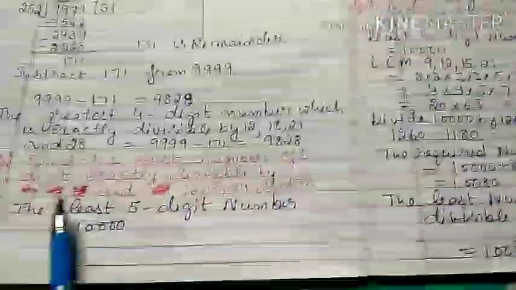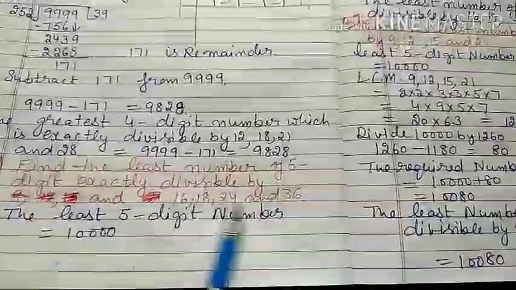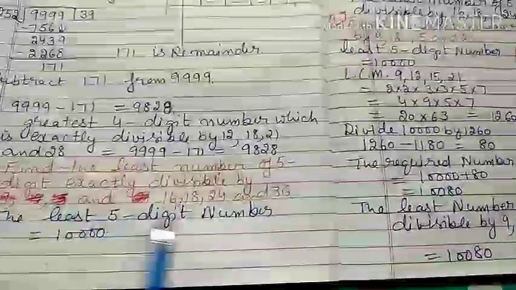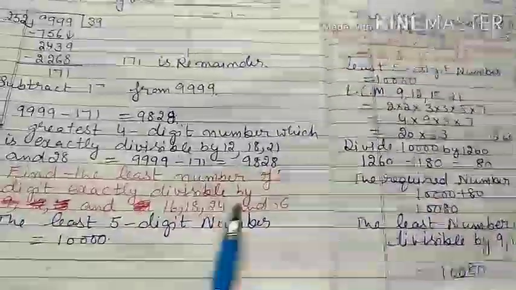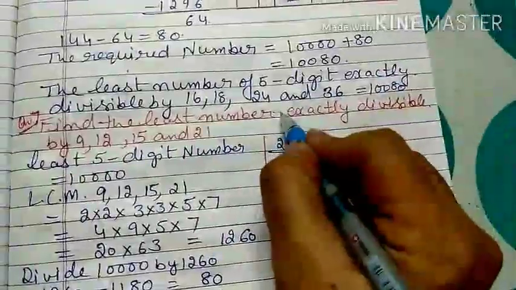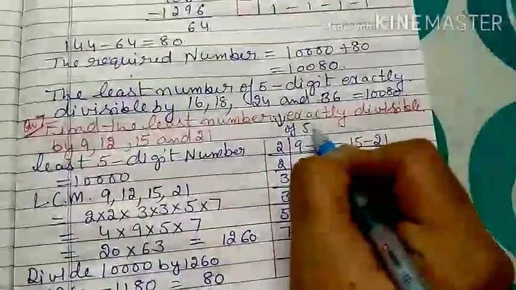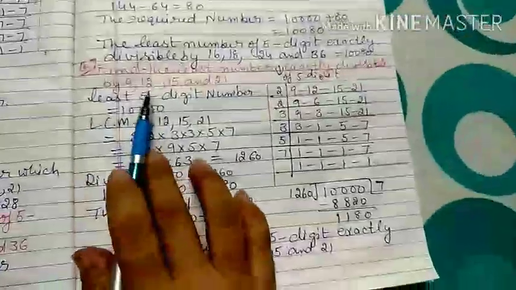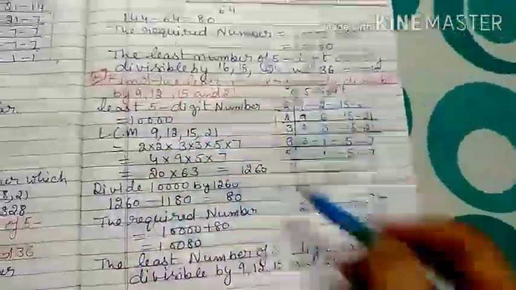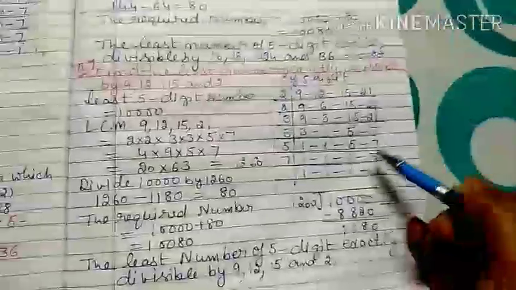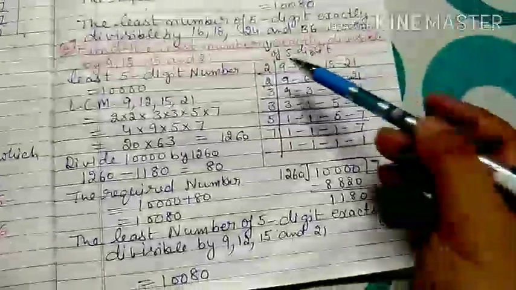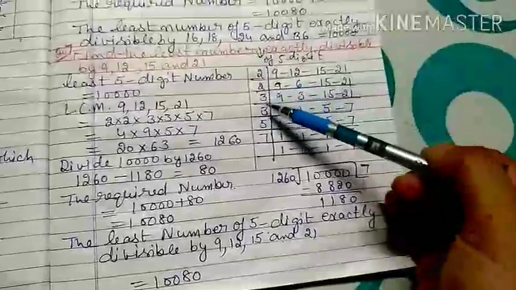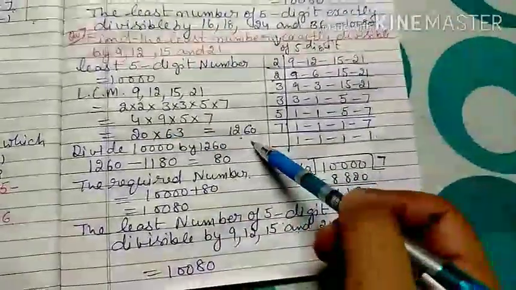So that is the statement: find the least number of 5 digits exactly divisible by 9, 12, 15, 21. That is another question of the same type. Same case: you have to find the LCM of 9, 12, 15, 21. When I found the LCM, I got 2, 2, 3, 3, 5, 7. So when I multiply, my LCM is 1260.